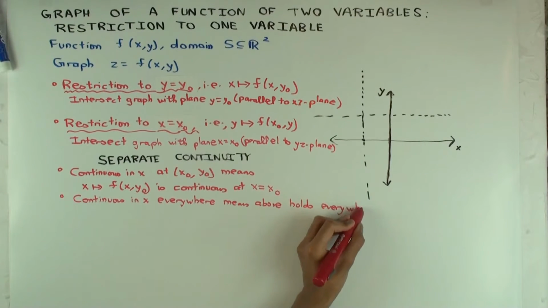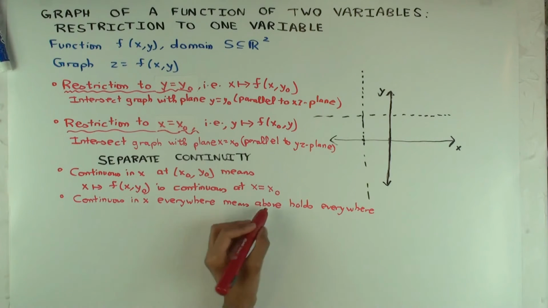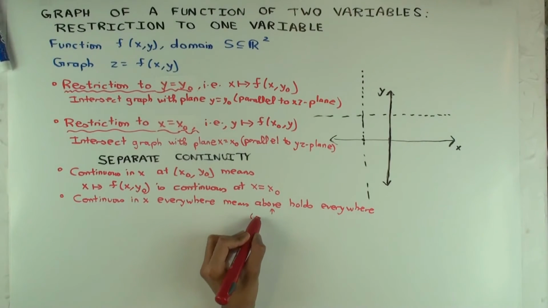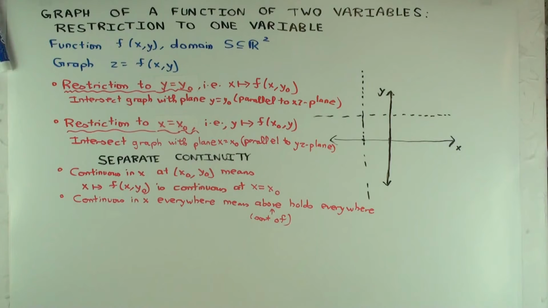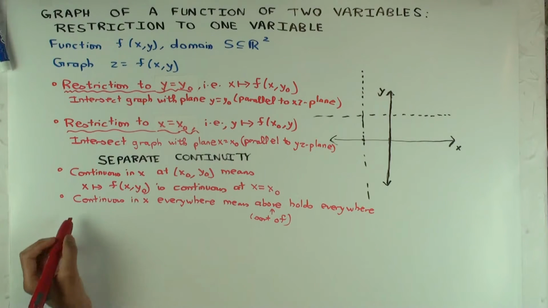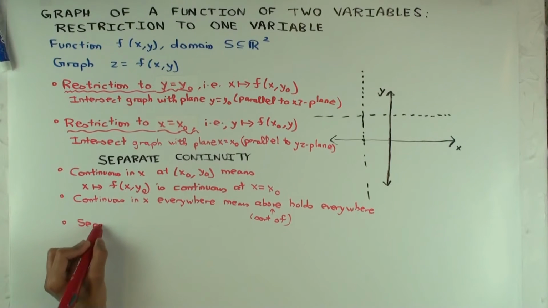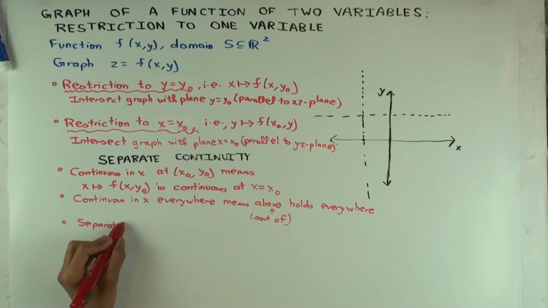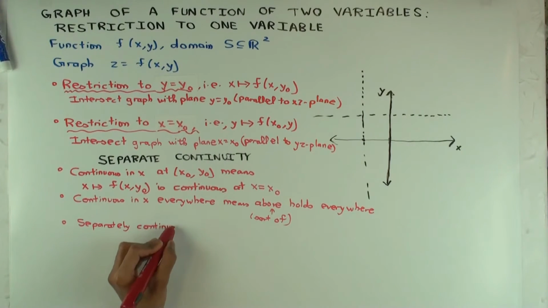You'll have just one-sided continuity, but roughly speaking, that's the idea. If you have boundary points, you just have to look at one-sided continuity. Now, what I really want to talk about here is, I'll just write down, separately continuous, whether at a point or everywhere. What does that mean?